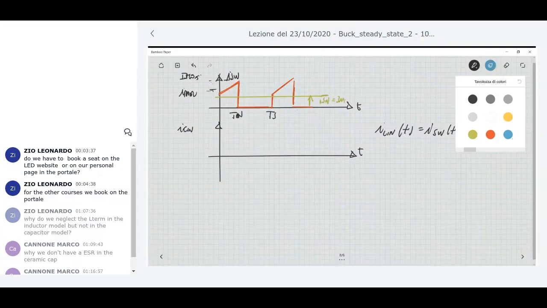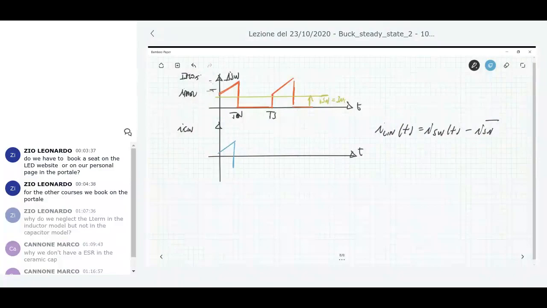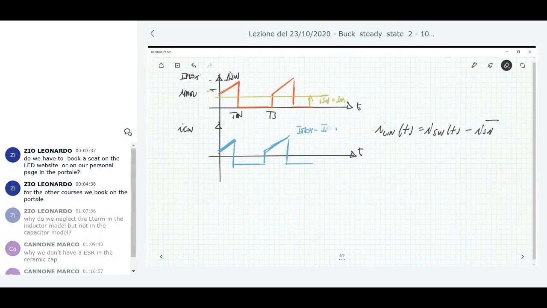So the input capacitor current is something like this. The maximum is I max minus I in.